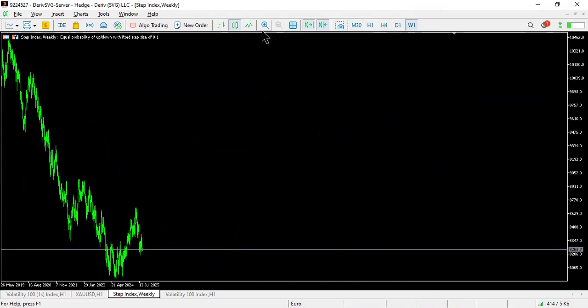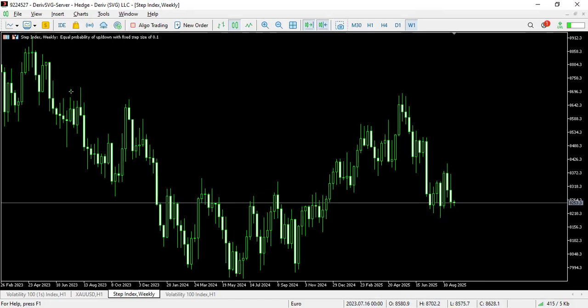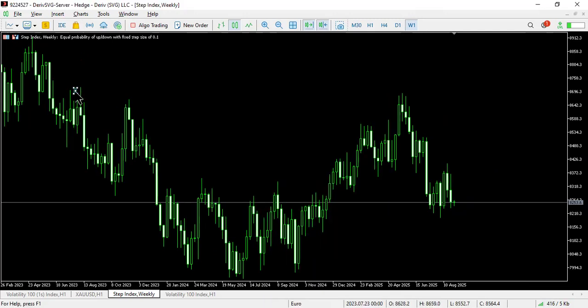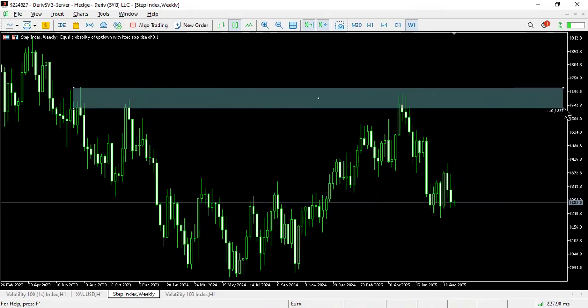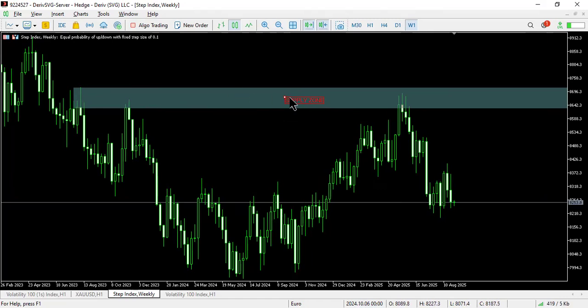So always start on the weekly time frame. That is the supply zone. Supply zone.